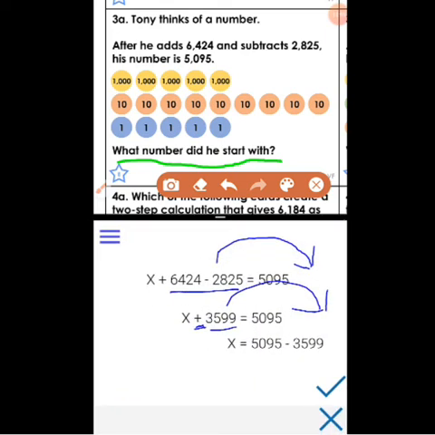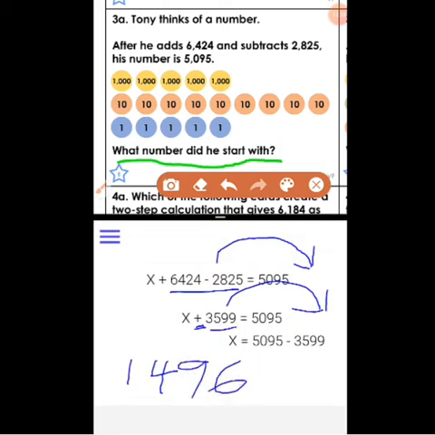Okay, therefore the number in his mind is 1,496. Okay, so it is not hard, it is very simple.